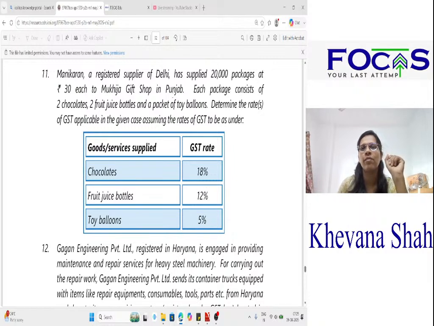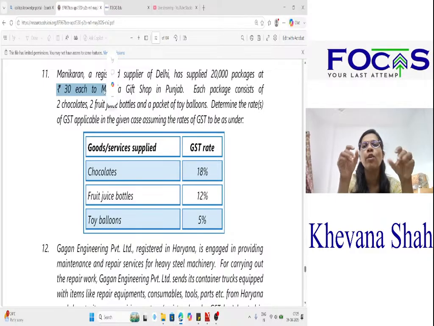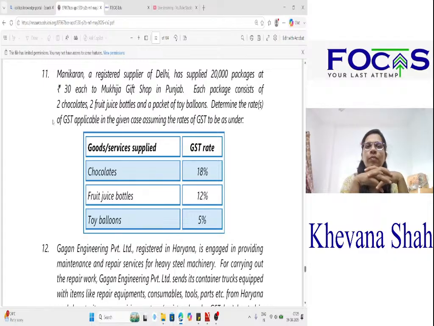So, see what they have given in the question: that this Mani Karan has supplied 20,000 packages at rupees 30 each. Okay, so each package rate is rupees 30. Now let us see if we are given the individual prices of these items. Are we given any individual prices of the items? No, we are given only a single price, which means this is a case of mixed supply.